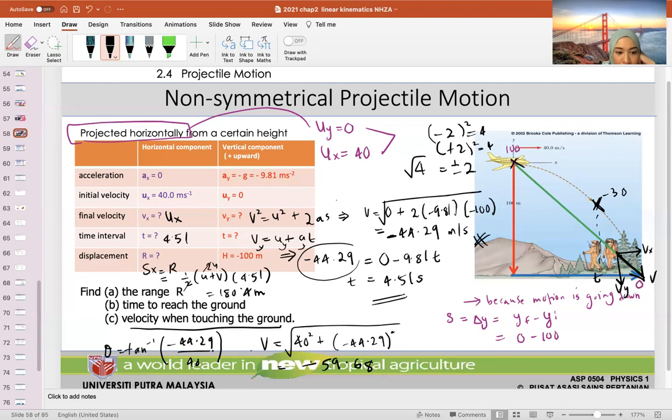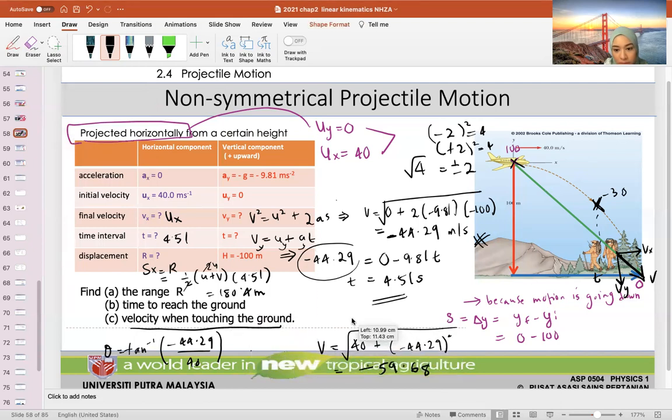Okay, what about the angle? Okay, anyone got the angle yet? Press the calculator, we want to discuss the angle. How much? Negative?